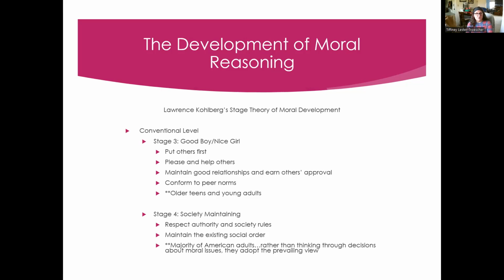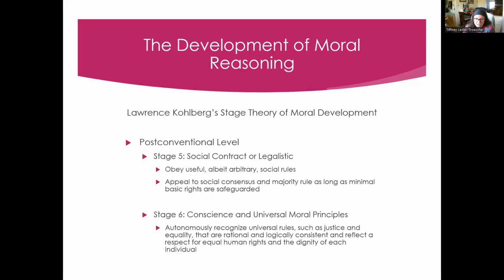And this is actually where most Americans are, because rather than thinking through decisions about moral issues, we just adopt the prevailing view. We're just going along with the group to maintain the existing social order and not upset the status quo. That's where a lot of adults are.